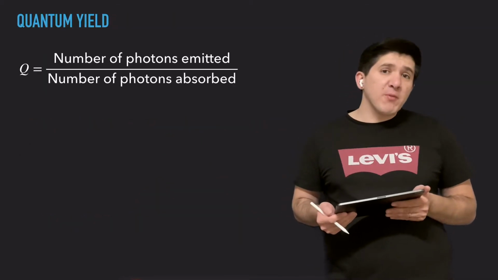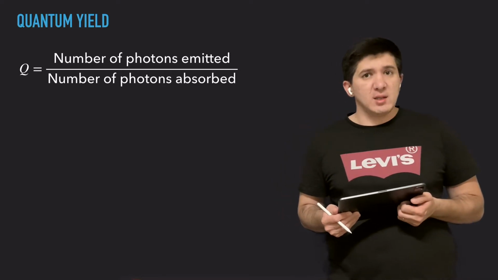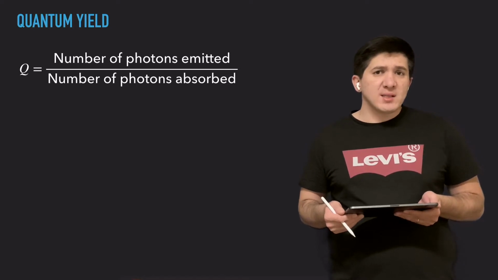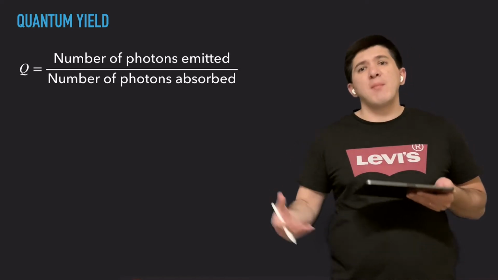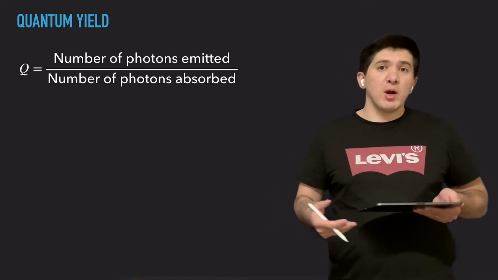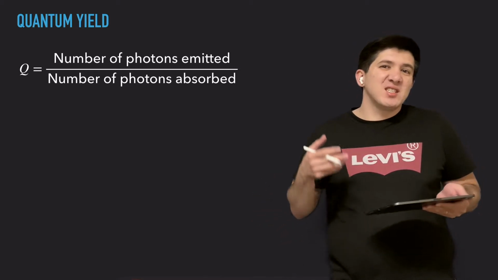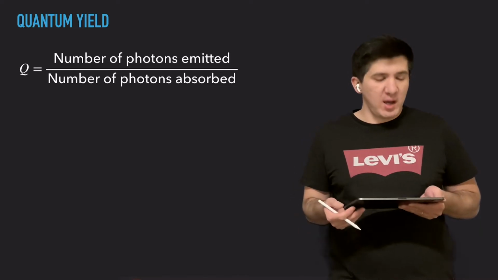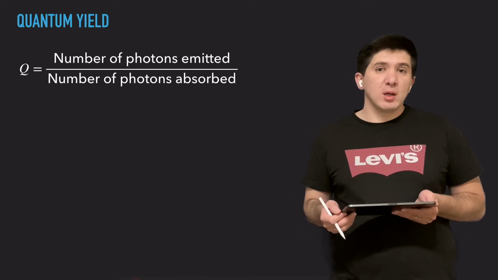Okay, so there are a couple of properties of the fluorescence which we need to discuss. One of them is called the quantum yield. It's a ratio between the number of the photons absorbed and emitted. So essentially, the intensity of the signal which we are going to get can be quantified using the quantum yield.